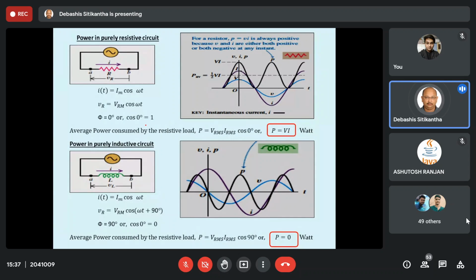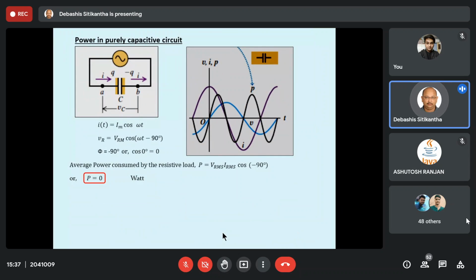Okay. Now let us consider a purely inductive circuit excited by an AC source. Here P is equal to Vrms Irms cos 90 degree, and this total becomes 0. That means in a purely inductive circuit, which is energized from an AC source, the power consumed by a pure inductor is equal to 0.